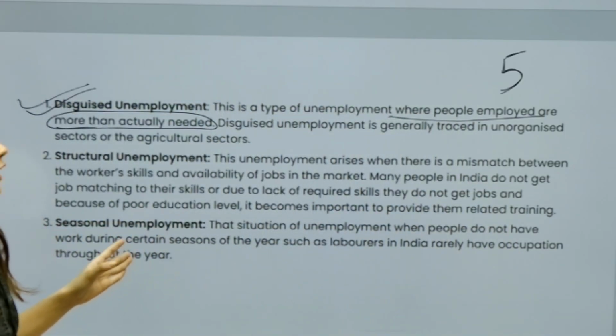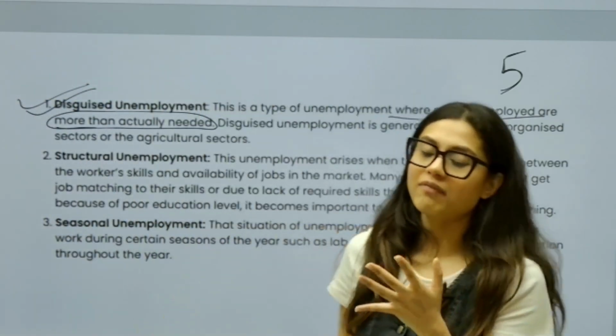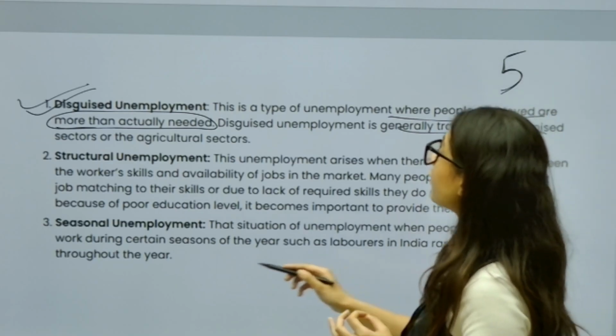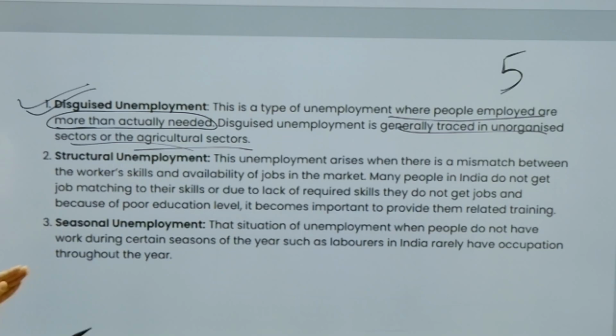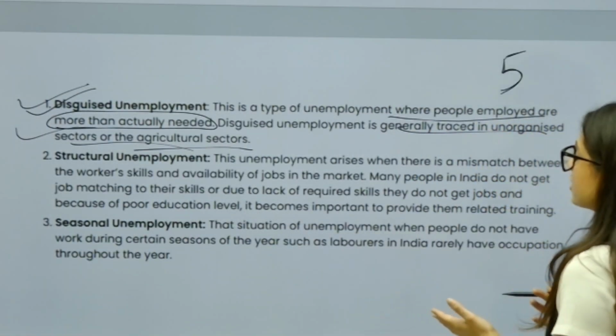I don't need those 5 people, but they are still employed. In that situation, the extra 5 are disguisedly unemployed. It is traced in the unorganized sector or the agriculture sector. In the organized sector, you will find a lesser number of disguised unemployed. It is more relevant in the unorganized sector and the agriculture sector.